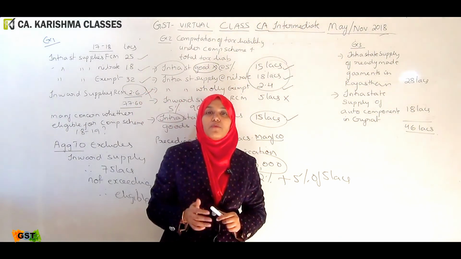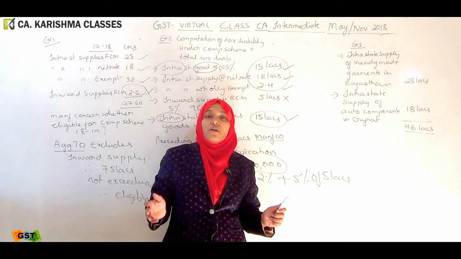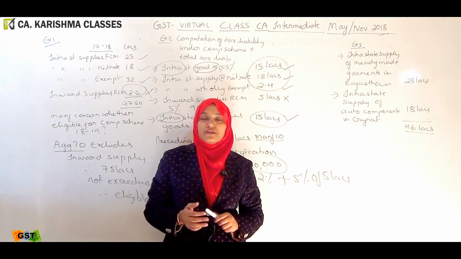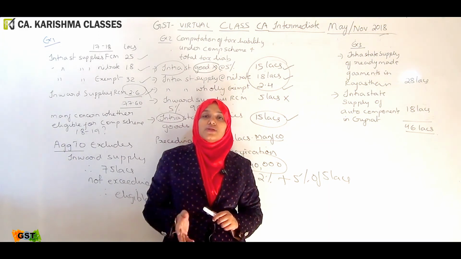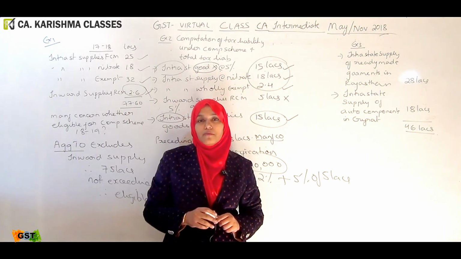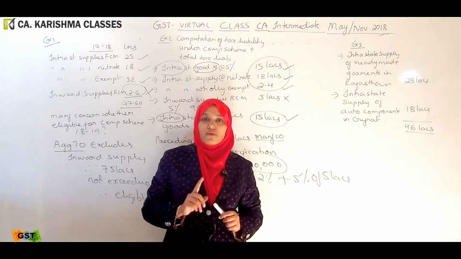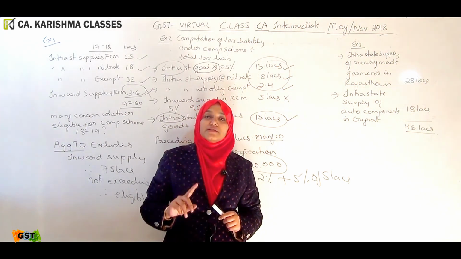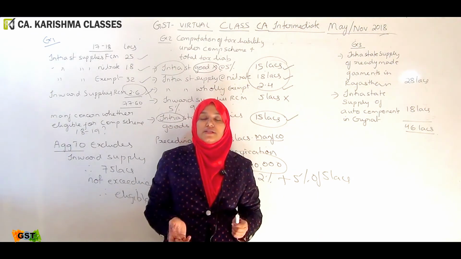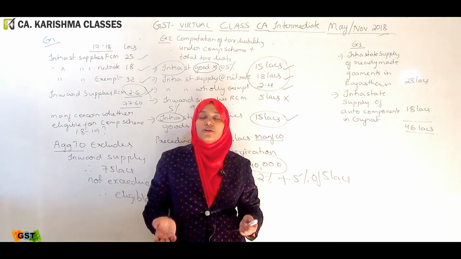We have studied one point here. When you are operating from multiple states and you are registered in many states across the country, all the registered persons have to opt for the composition scheme. If you are opting for one state, it means it is by default for all the other states. That's why this is an optional scheme. If you are not liking it, you don't come into it.